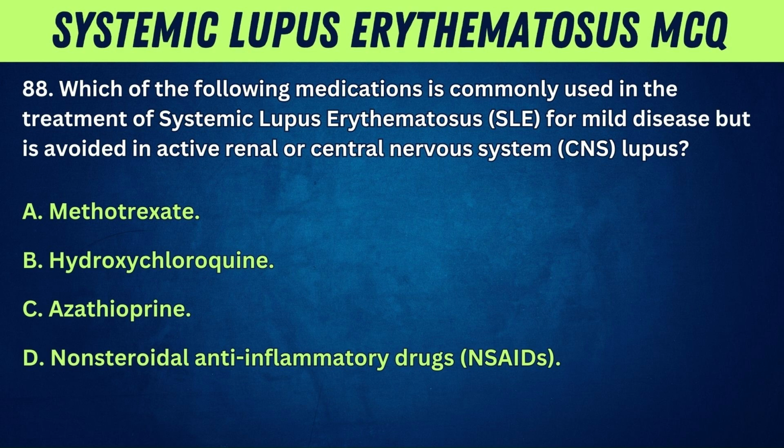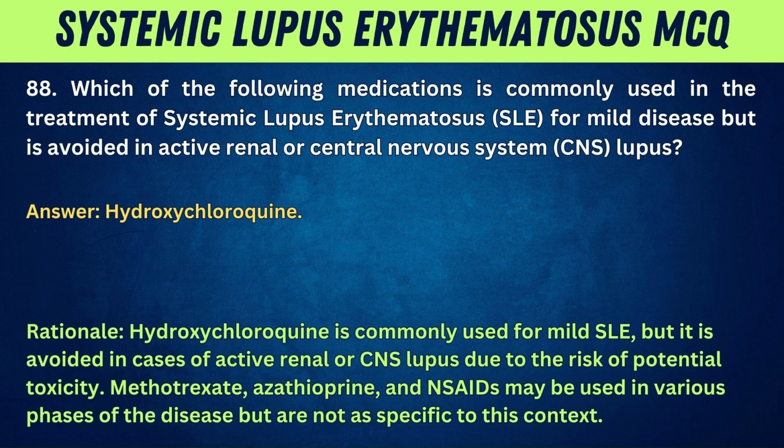88. Which of the following medications is commonly used in the treatment of systemic lupus erythematosus, SLE, for mild disease, but is avoided in active renal or central nervous system, CNS, lupus? A. Methotrexate. B. Hydroxychloroquine. C. Azathioprine. D. Nonsteroidal anti-inflammatory drugs, NSAIDs.